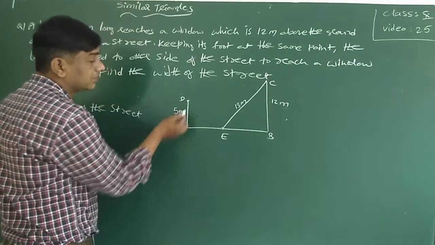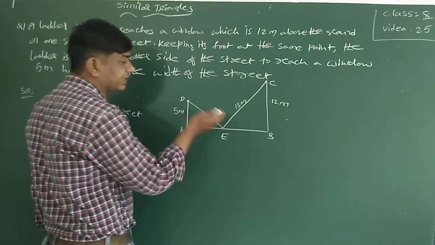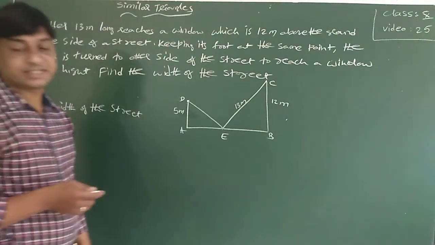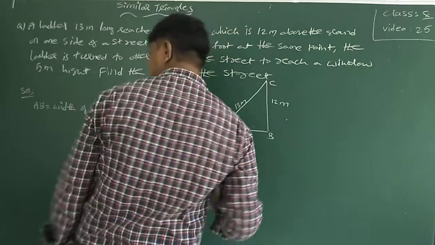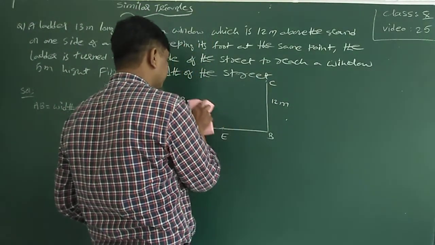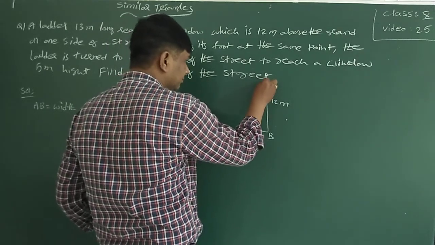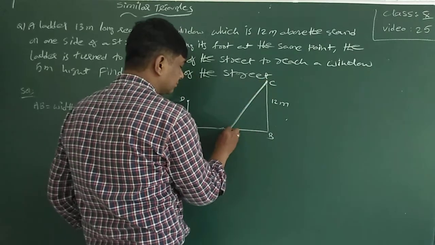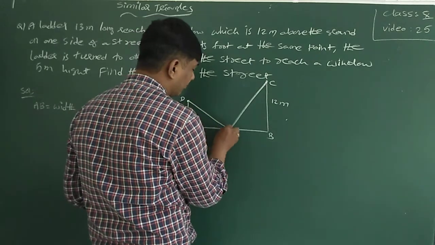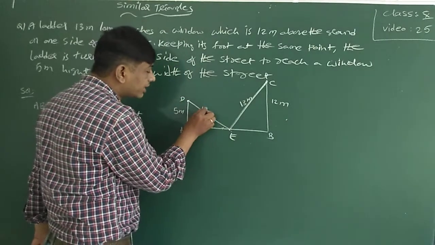AD is 5 meters; it is reaching this side. DE length is also 13 meters only.